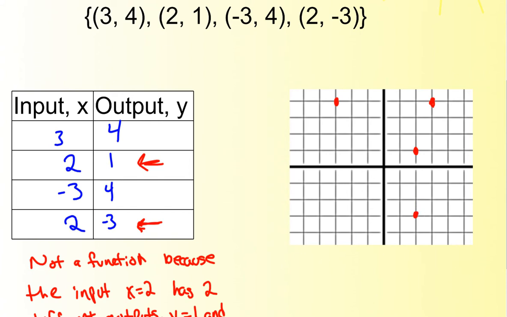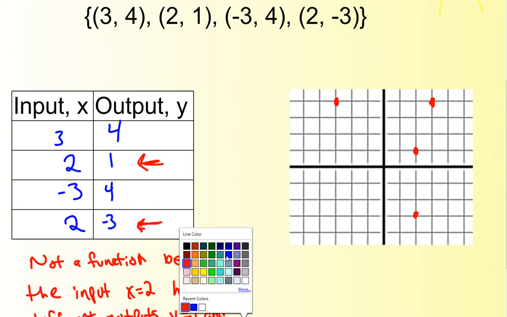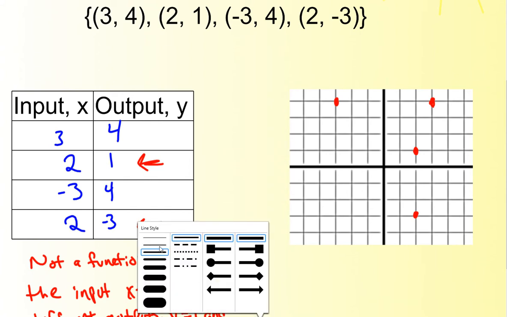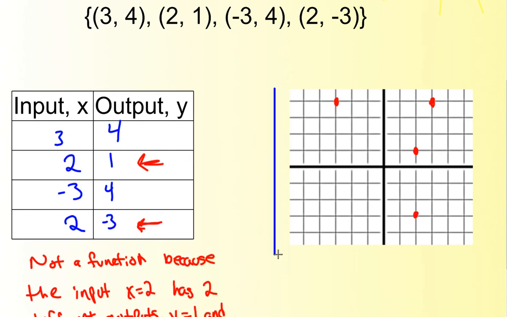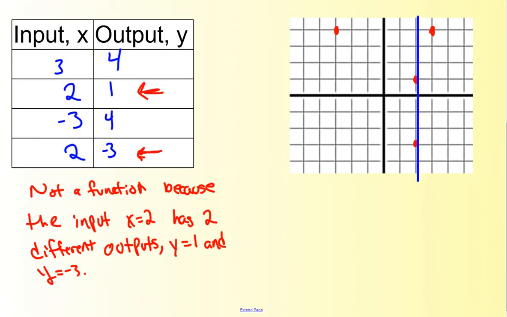All right, so based off the graph, now we'd have to determine if this is a function. I'm getting myself a little vertical line going on here. There he is. So it passes here, it fails here, passes there. So it's not a function because of right there. So not a function because it fails the vertical line test.